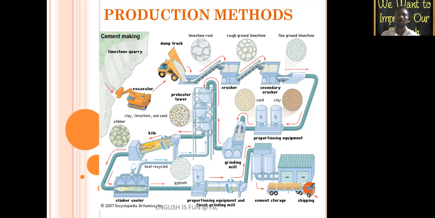Majorly the common ones. Okay, so if you can see my screen right now, I have a picture showing different kinds of production methods, different ways of making products depending on from one factory to the other, from one business place to the other. So this is just to have a general overview of what we are going to be learning for today's lesson.